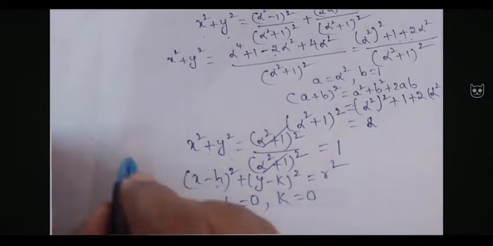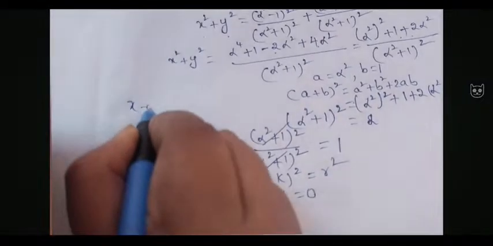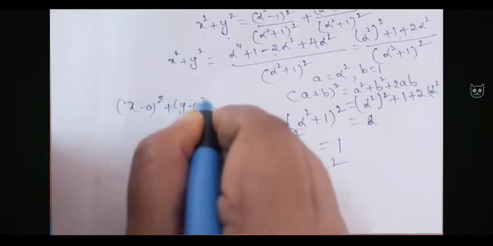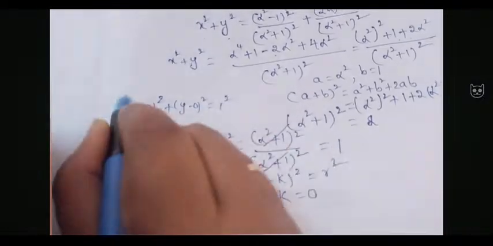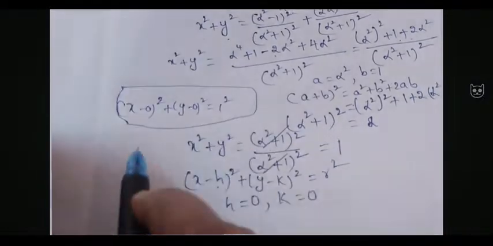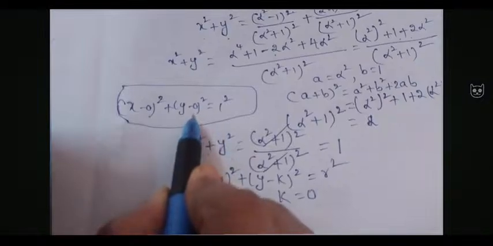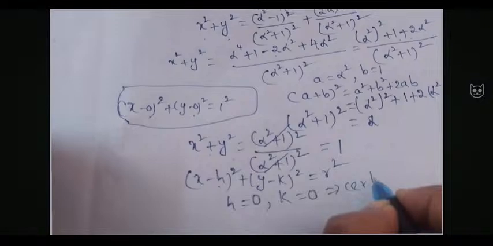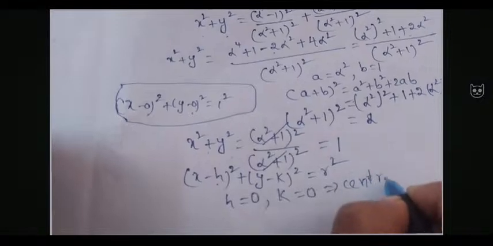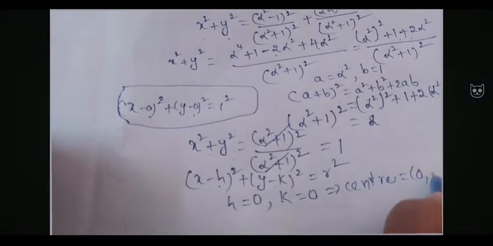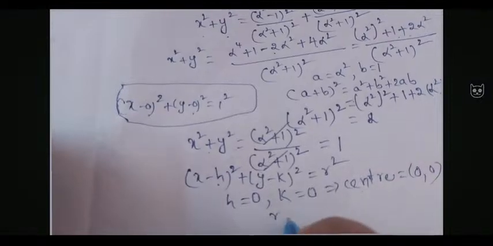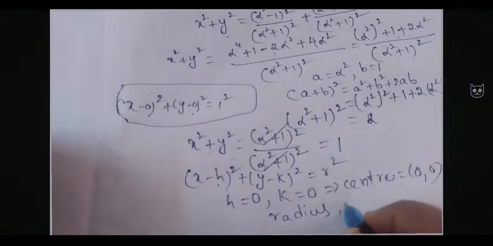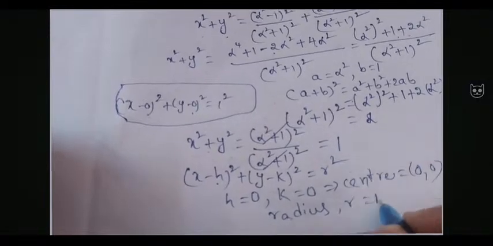So we can write this as x minus 0 whole square plus y minus 0 whole square equals to 1 square. So from this h is 0, k is 0. That is center. Center is 0, 0 and radius r is equals to 1.